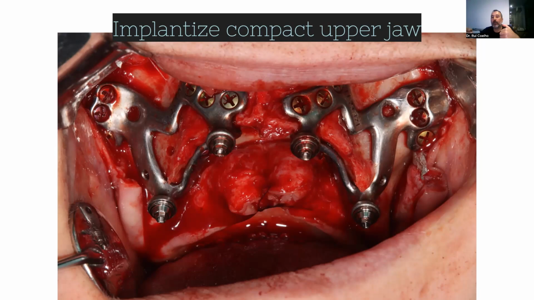I need bone to grow around the plate, and if it grows around the plate, every time that I have some kind of inflammation, I have a tissue that is able to respond to the aggression of bacteria. That's the main problem.